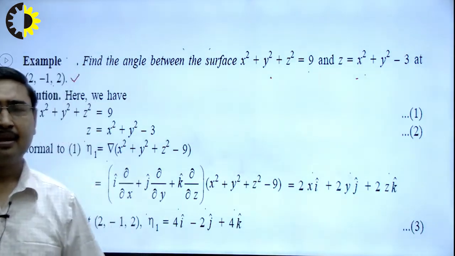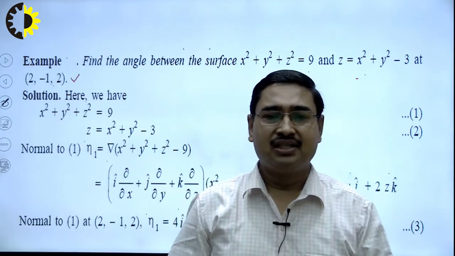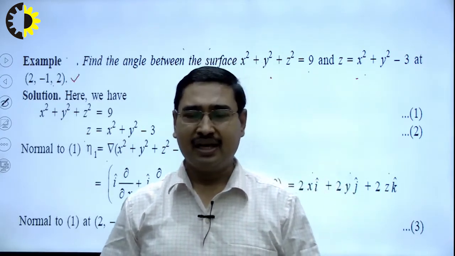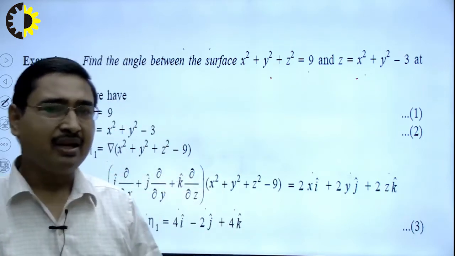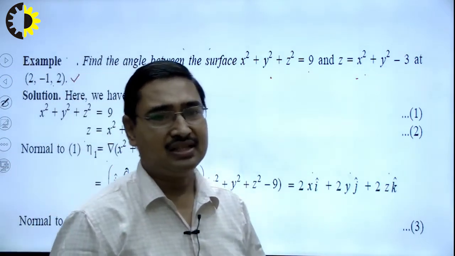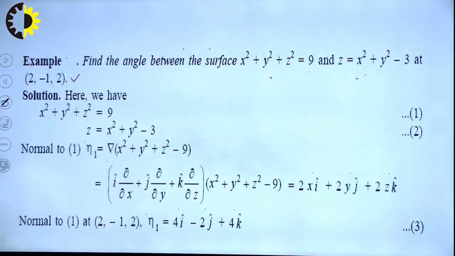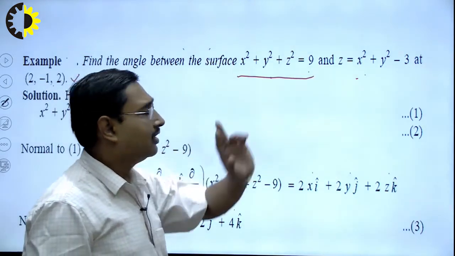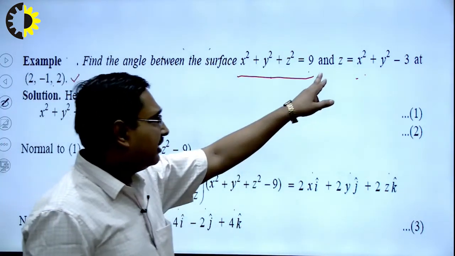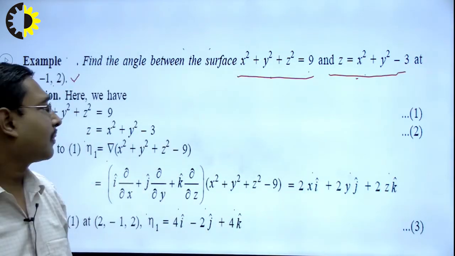For this, we shall use the concept that the angle between two surfaces will be equal to the angle between their normals. Whatever is the angle between the surfaces, the same angle will be there between the normals of the surfaces at that particular point. Therefore, I shall find the normal vector to this surface as we have done in the previous example. We shall find the normal vector to this surface similarly.